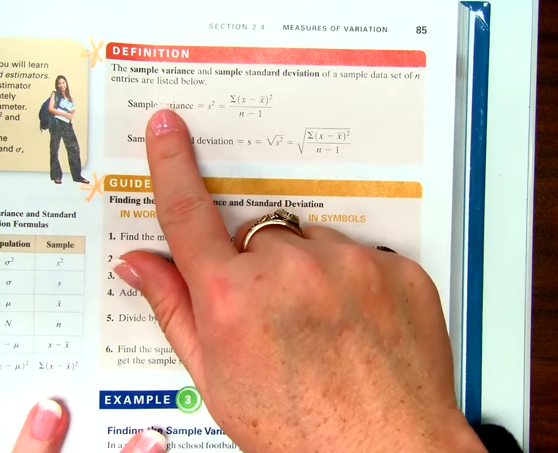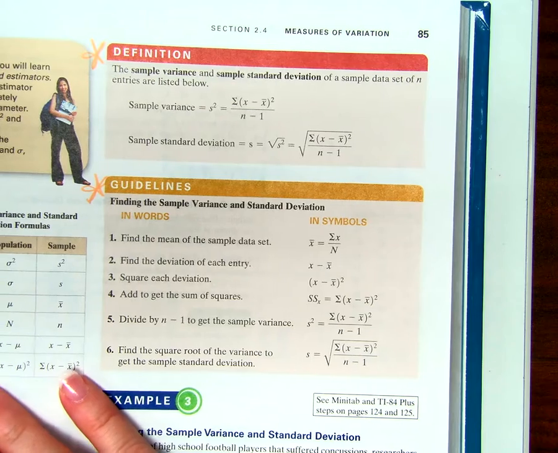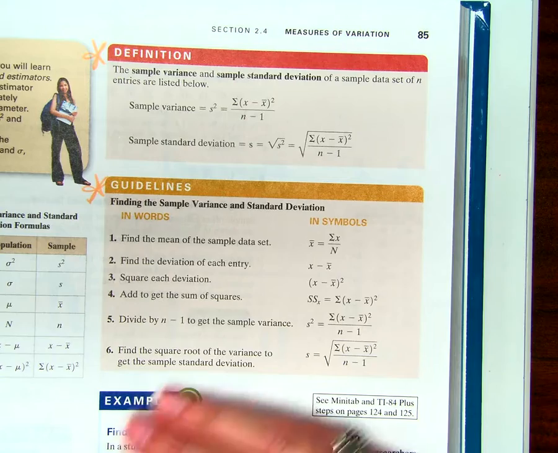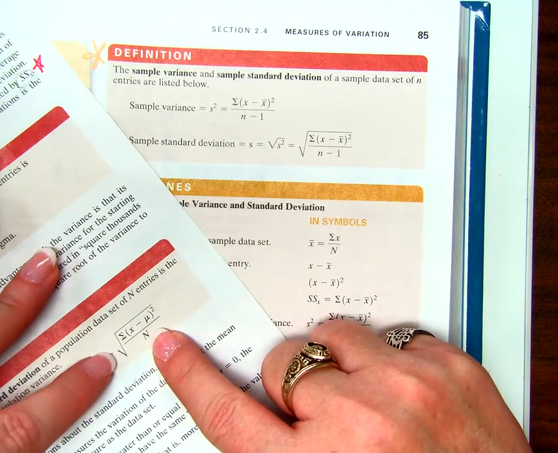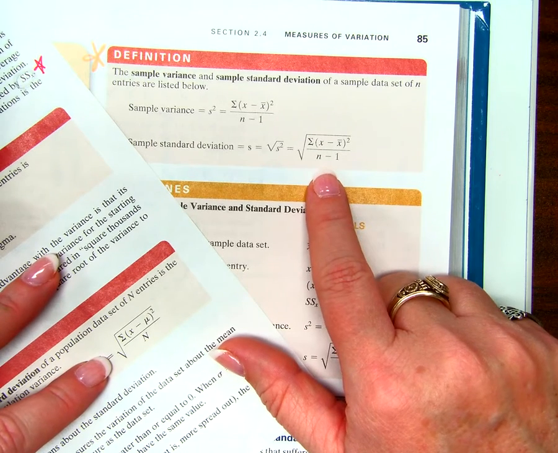A new definition at the top of page 85. Sample variance and sample standard deviation: a sample data set of n with the entries listed below. If you look at the formulas for population standard deviation and sample standard deviation, they are almost exactly the same.